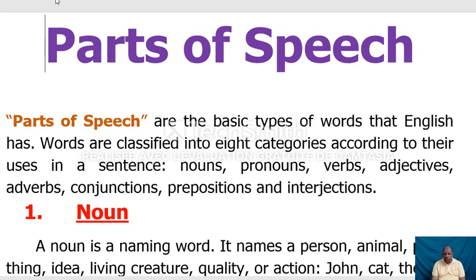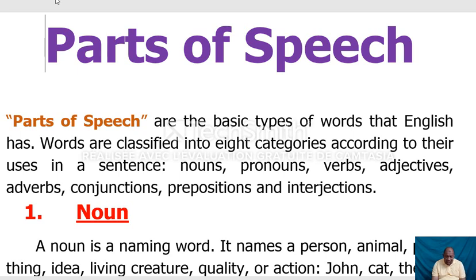Any language you care to name has basic types that are the pillars of that language. Therefore, these words are classified into 8 categories according to their uses in a sentence.